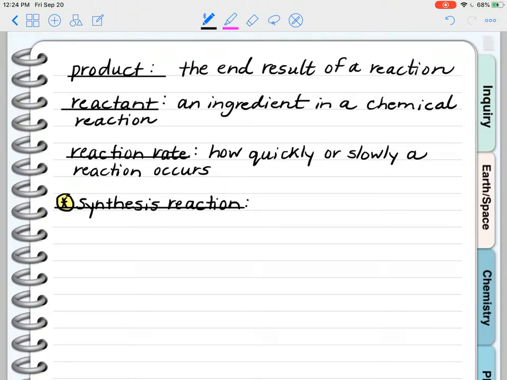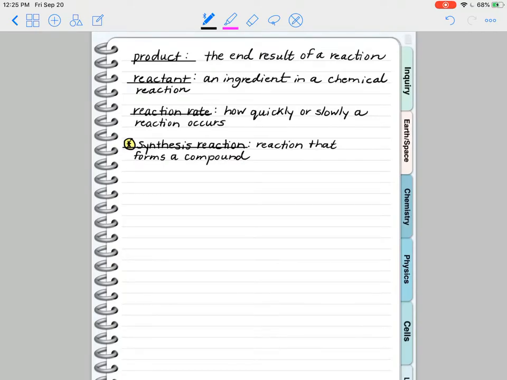Okay, a synthesis reaction is a reaction that forms a compound. Where have I heard that before? A reaction that forms a compound.